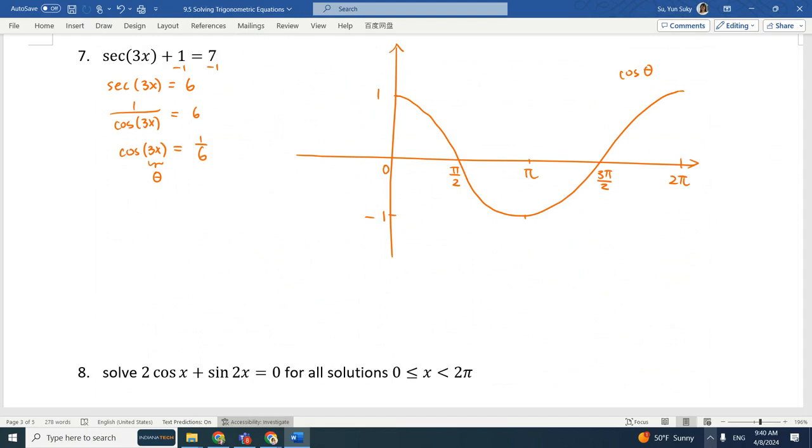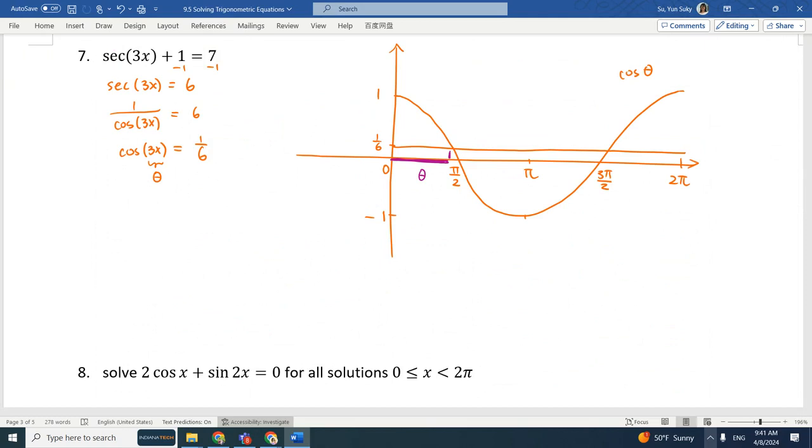Okay, so cosine theta is 1 over 6. Is 1 over 6 a common angle value? No. So we need to use the inverse trig function, right? So 1 over 6. Okay, let's say 1 over 6 is here. Then you draw the horizontal line. And then you get this angle. See? This is the angle, and it is theta, right?